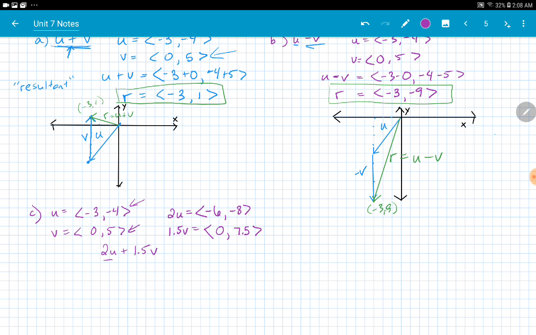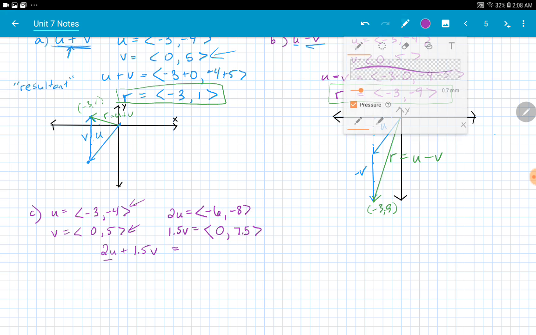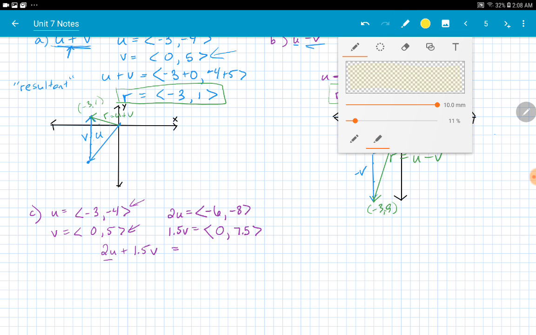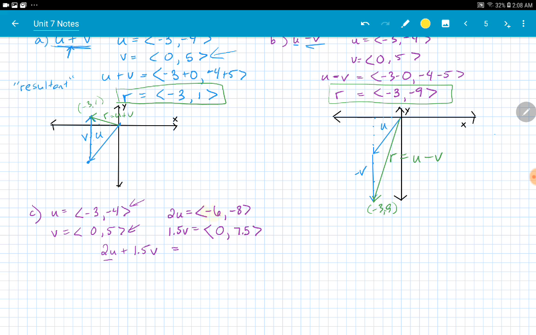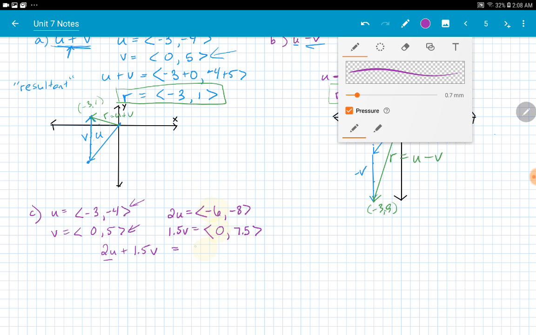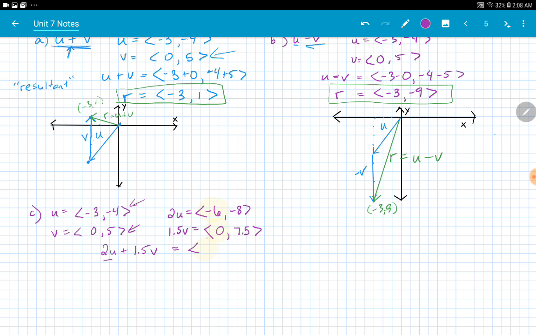And then when I add those two together, I'm adding those components, negative 6 and 0. So I'm going to do some highlighting here. To get the y component, I get negative 6 and 0, and I get negative 6.